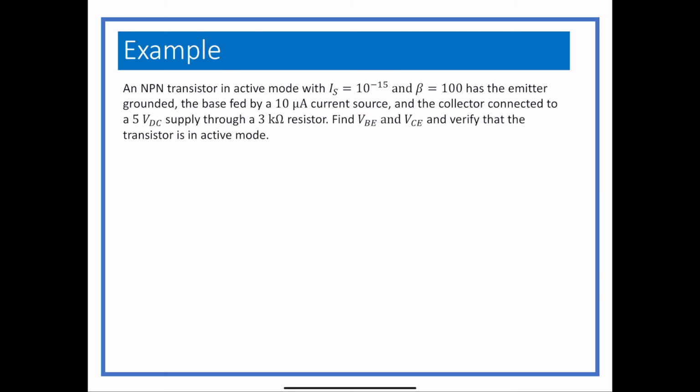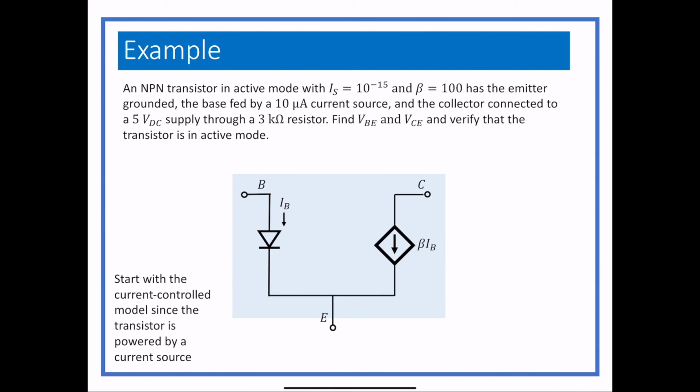Because this is kind of a word problem and a picture usually works better, we basically are going to use the current controlled model, because we have the value of beta. We do have the saturation current, but basically we're feeding this through a current source. So that's going to make the problem easier if we just use the current controlled model.